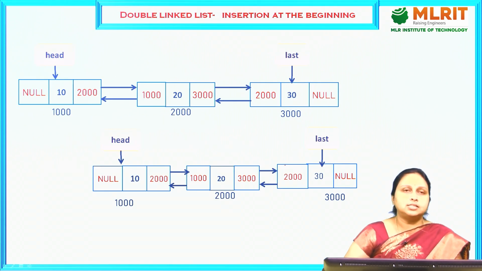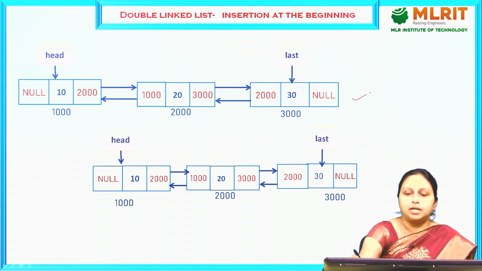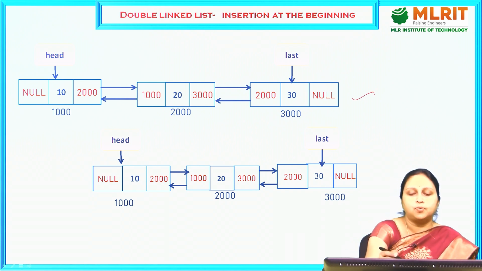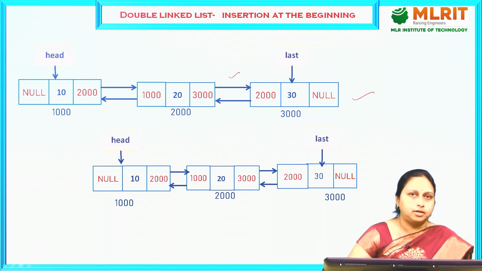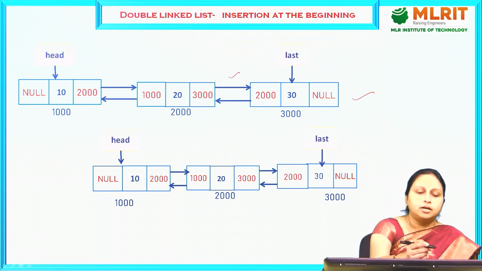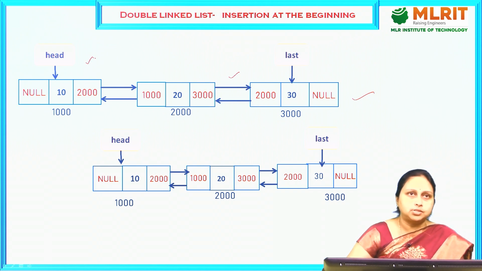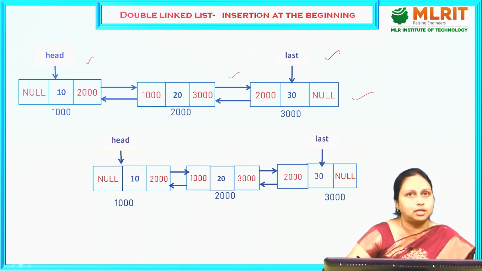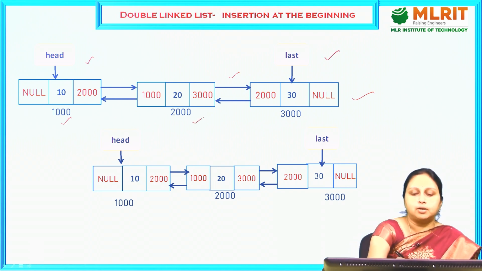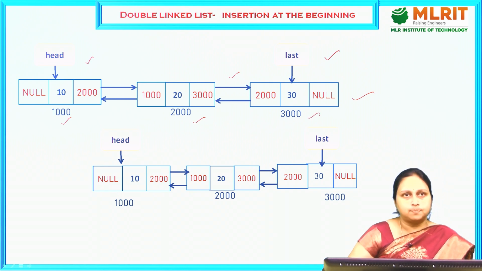Let us consider this double linked list, where we have the forward direction and we can move backward also. In a double linked list, the starting node is represented with head and the last with the last node. Here we represent the addresses of the nodes.